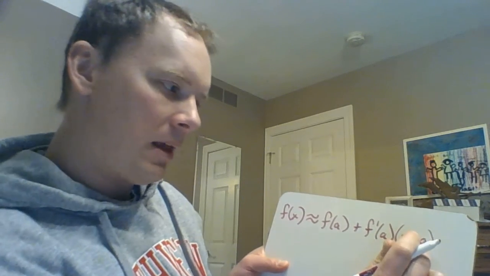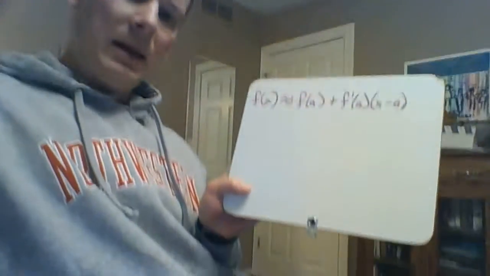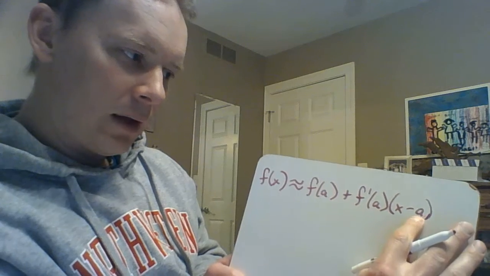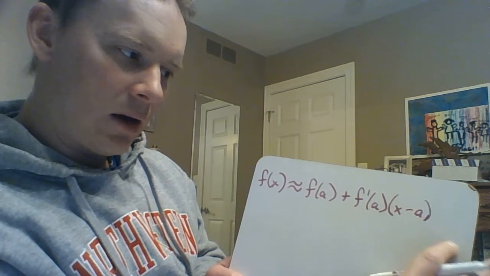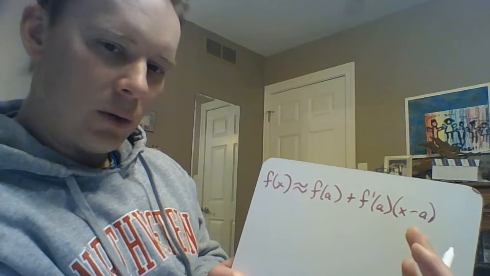They mainly just use this to give a proof of L'Hopital's rule, and we're not going to concern ourselves too much with being able to prove it and understand all the ins and outs of that. I want you to be able to use L'Hopital's rule, but you don't necessarily have to prove it.